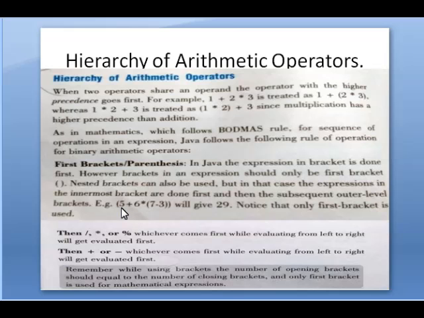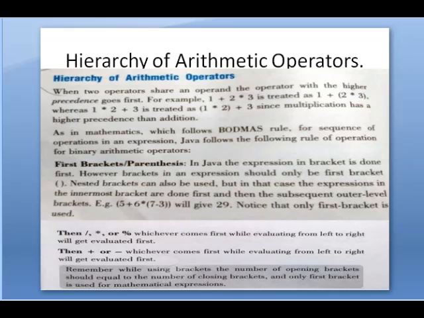If we are using 3 open brackets, then there should be 3 closed brackets. In this example, two open brackets are there, and the number of closed brackets is also 2. So this is the priority, this is how we have to solve the expressions.